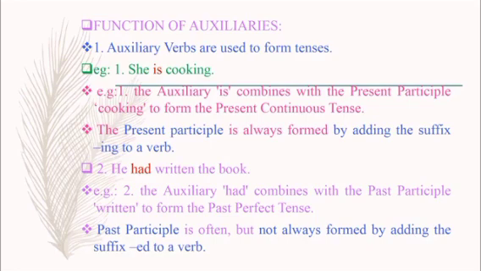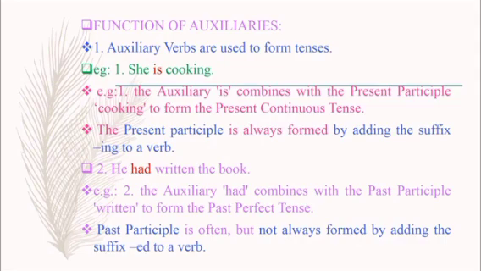So what is meant by the present participle? The present participle is always formed by adding the suffix ing to a verb. The next example sentence is, he had written the book.